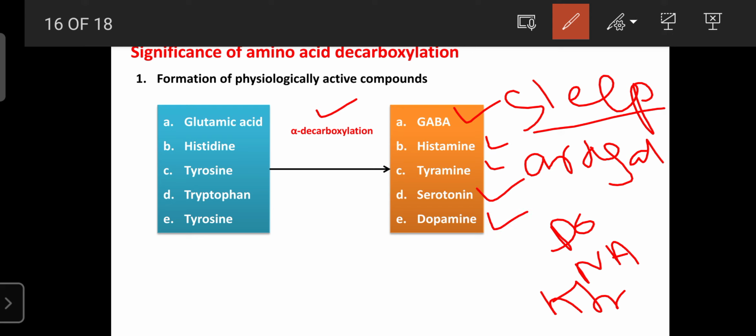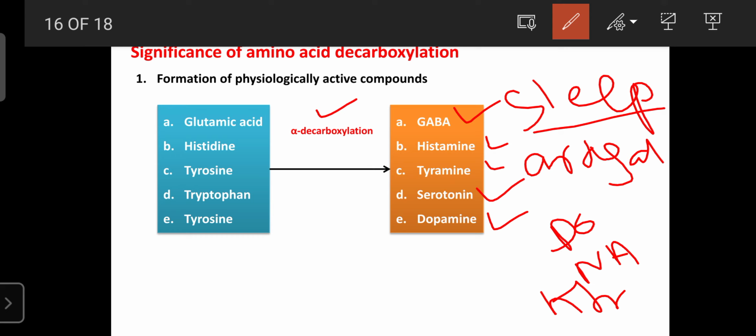So like that, the significance of the decarboxylation reaction is that it is involved in the formation of physiologically active compounds or amines, and those amines are neurotransmitters, neuromodulators or neurochemicals. They are involved in the regulation of various functions regarding sleep, arousal, memory power, muscle contractions, muscle relaxations, as well as heart rate, blood pressure, and secretions.